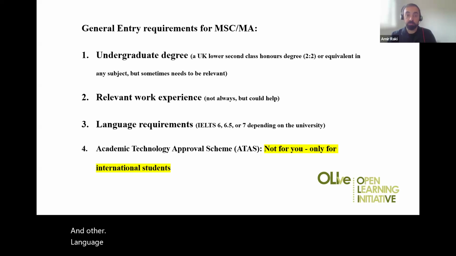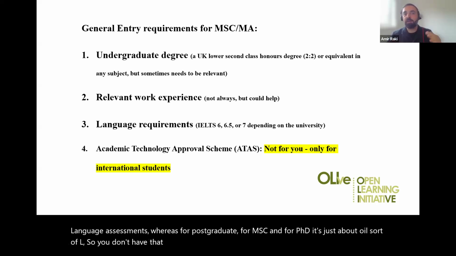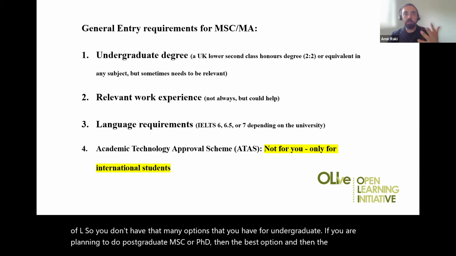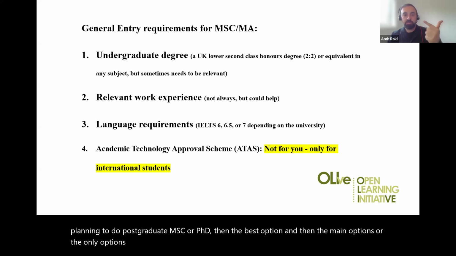Whereas for postgraduate, for MSc and for PhD, it's just about IELTS or TOEFL. So you don't have as many options as you have for undergraduate. If you're planning to do postgraduate, MSc or PhD, then the only options are IELTS or TOEFL, and the best one between these two is probably IELTS.